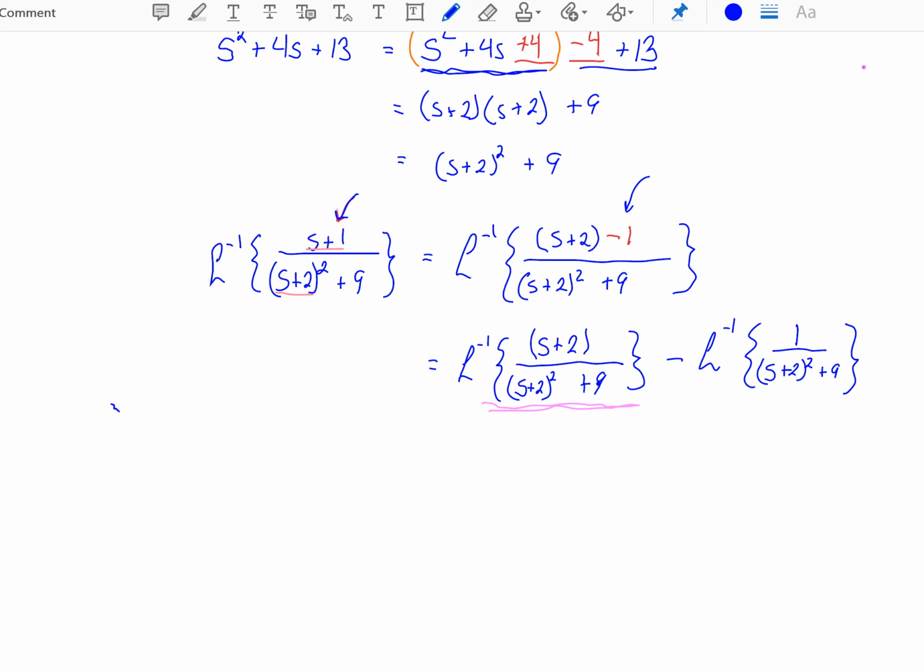Remember, the Laplace of cosine of 3t is s over s squared plus 9, which is very similar to ours, but we have that s plus 2, which tells me this is really going to look like e to the negative 2t cosine of 3t.